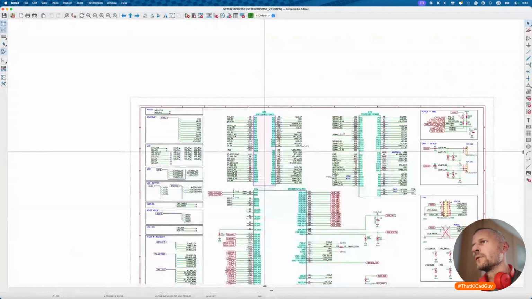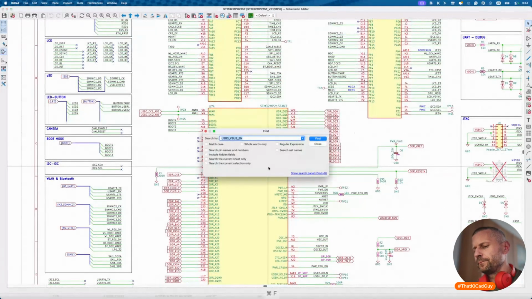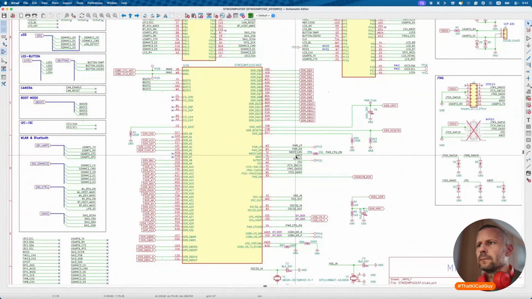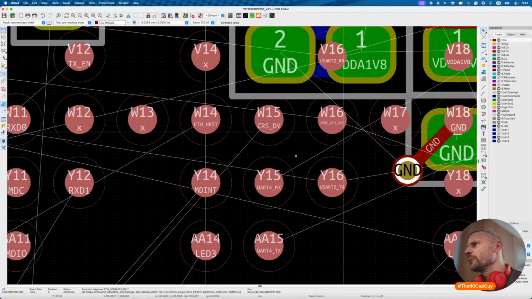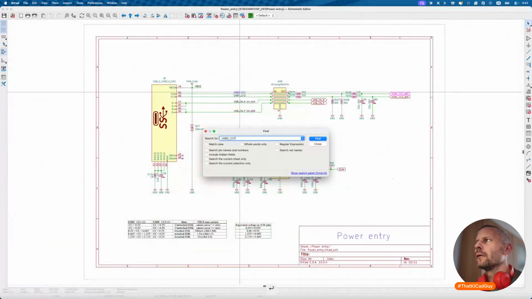W16. Where is it? The signal is called CC1V8, here. Yes.